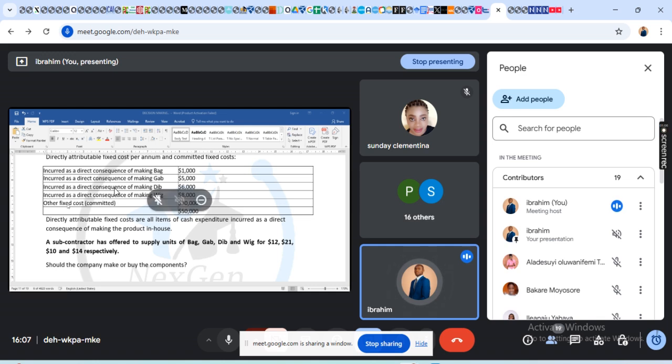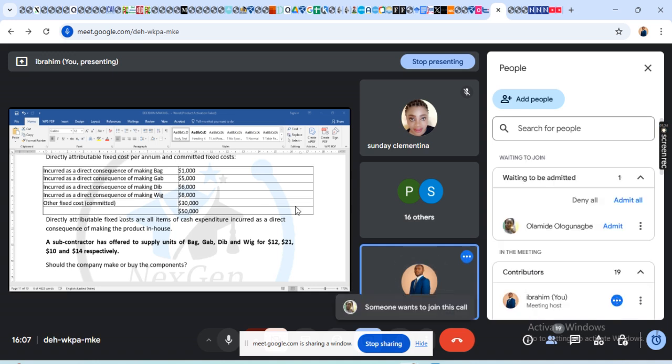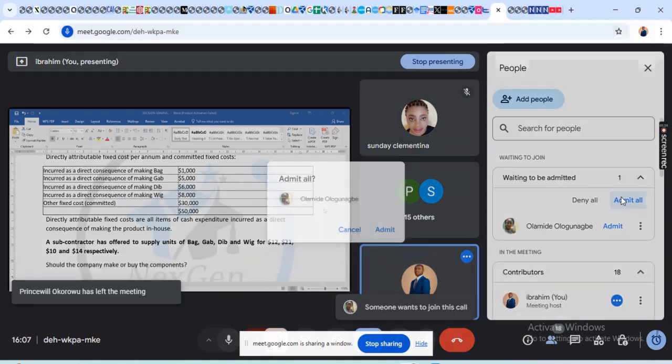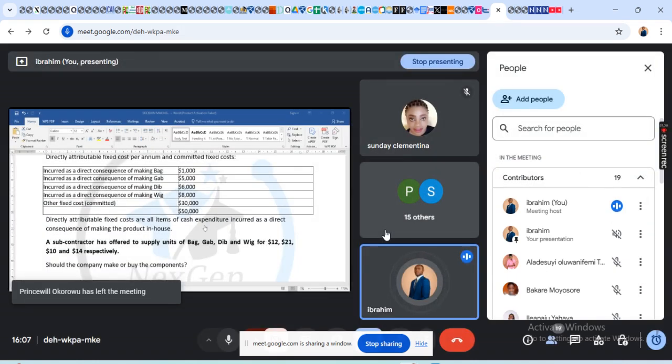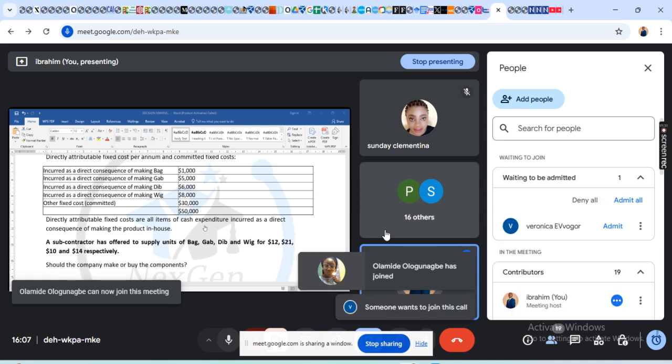Don't forget that in this question, we're given direct attributable fixed cost per annum and committed fixed cost. The direct ones are the fixed costs attributable directly to the production of that product: 1,000, 5,000, 6,000, and 8,000. We are not supposed to add the committed cost.